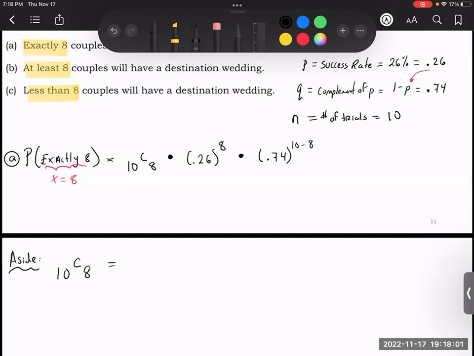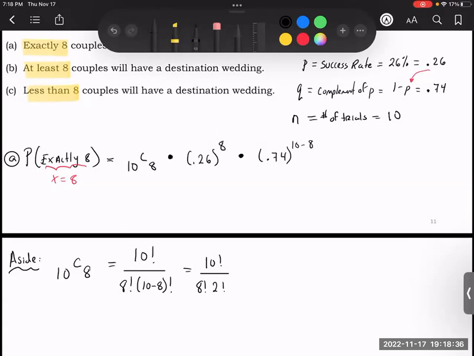It says you always do n factorial, so 10 factorial, divided by x factorial, which is 8 factorial, times n minus x factorial. What's 10 minus 8? 2. So you have 10 factorial over 8 factorial times 2 factorial.